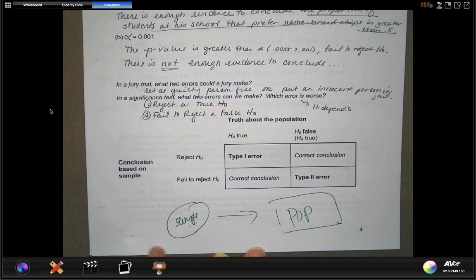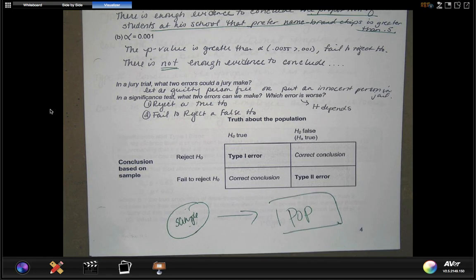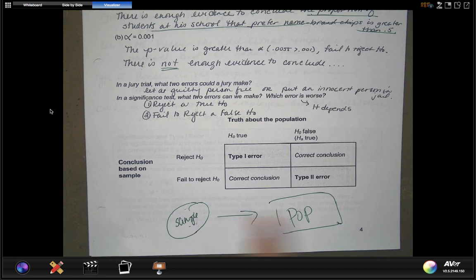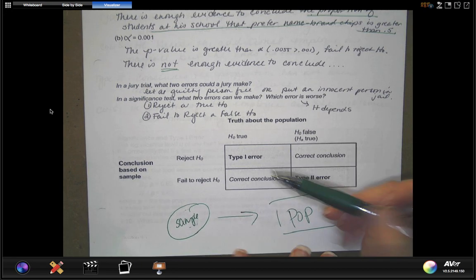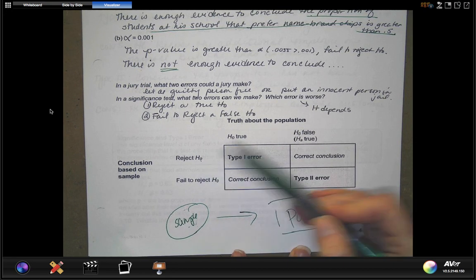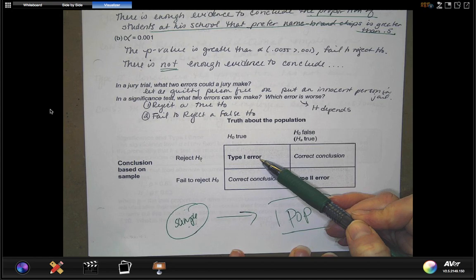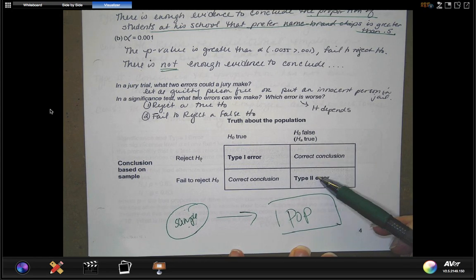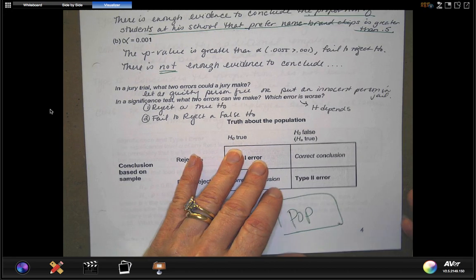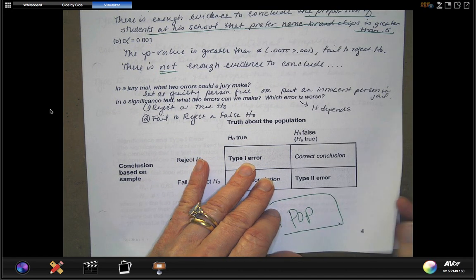Maybe later on, after we roll out a new drug or a new product after we tested quality control, we'll get customer feedback or performance data. But at the time that we do the test, we don't know if we made that error. So if we reject H0 but it was actually true, that's your type 1 error. If we don't reject it and it was actually false, that's a type 2 error. Again, the severity of it just depends on the situation.